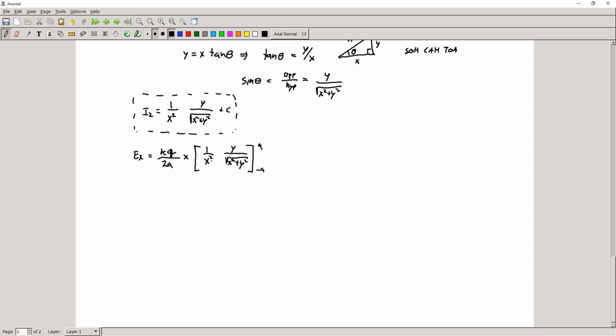This is not going to be affected by the substitution of minus A and A in here. So we can clean this up a little bit, and I'm just going to substitute in A and then minus A at both of these points. Okay, so what do we end up with? We're going to end up with a KQ over 2A, and now with an x in the denominator because one of them is canceled by this x over here. And then as we do our substitutions, we're going to end up with a positive A on top, square root of x squared plus A squared, minus a minus A, square root of x squared plus A squared.